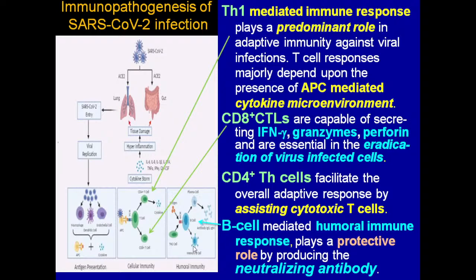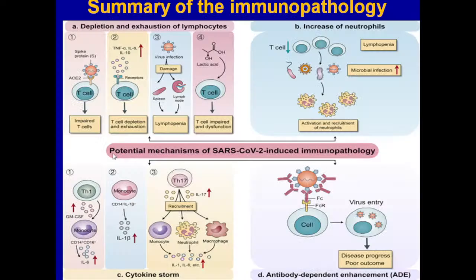Then the CD4 positive T helper cells facilitate the overall adaptive response by assisting cytotoxic cells. That we know already. And the B cell mediated humoral immune response plays a protective role by producing the so called neutralizing antibodies. So we consider that mainly Th1 immune response is responsible for cytokine storm.